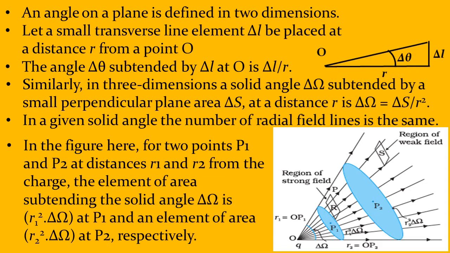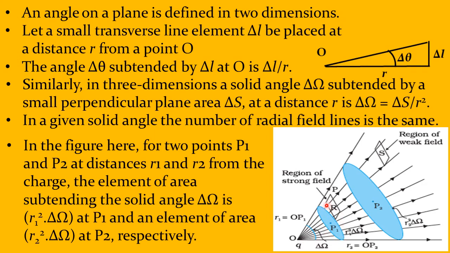Now in this figure here, there are 2 points. One is P1 and the second point is P2. And let us say these are at distances R1 and R2 from the origin. Now if the angle is delta omega for both, if the distances are R, then what is the area at P1?